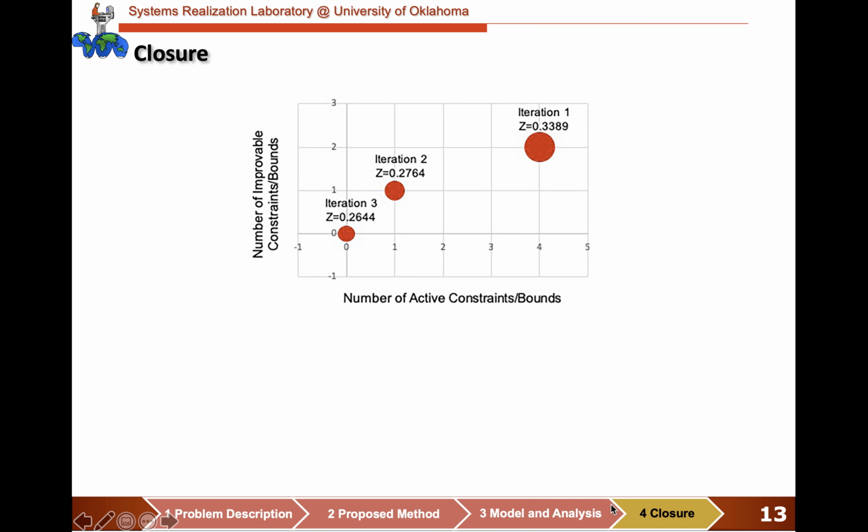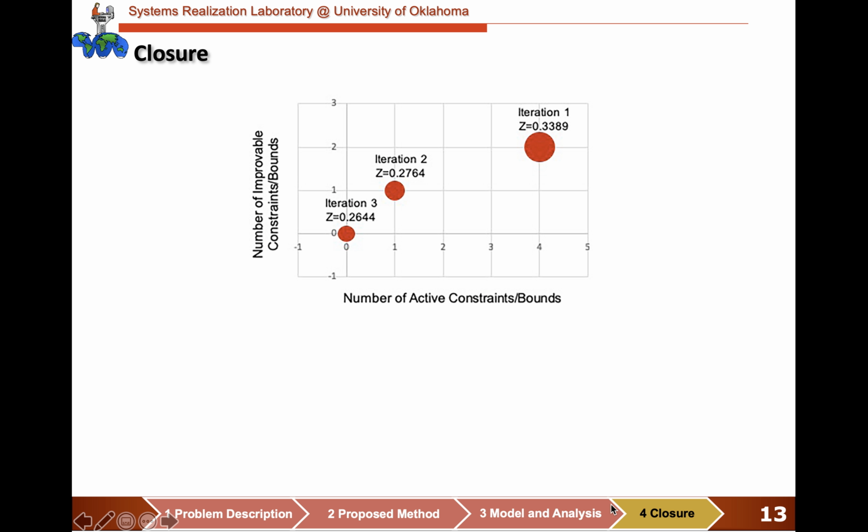After 3 iterations, we improve the system performance and robustness at the same time. In this figure, we visualize this improvement. We want to reduce the active constraints, that are the constraints with zero slack or surplus, and then remove the improvable constraints, that are the constraints with large dual price.